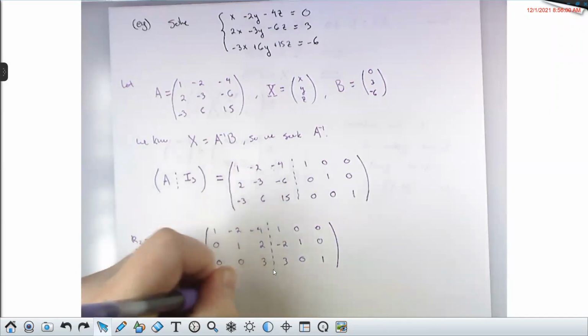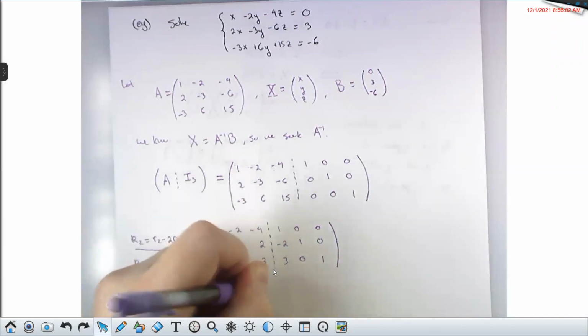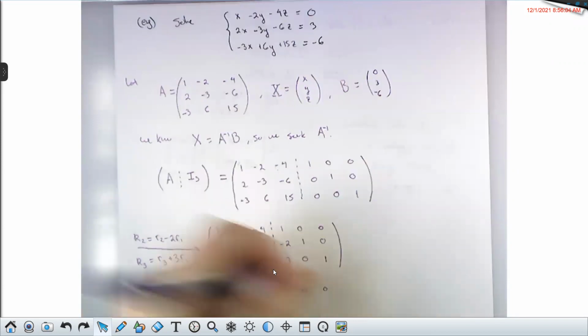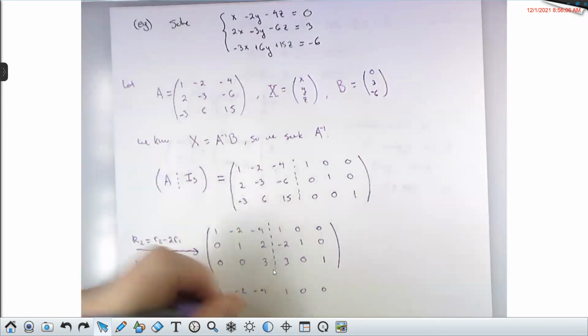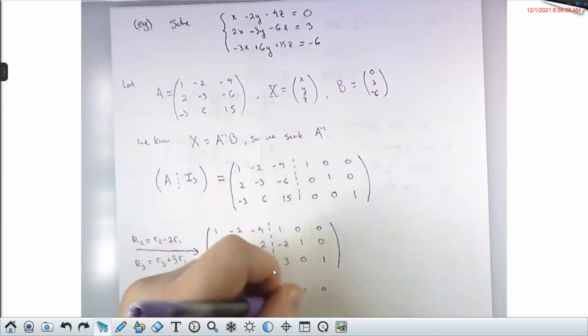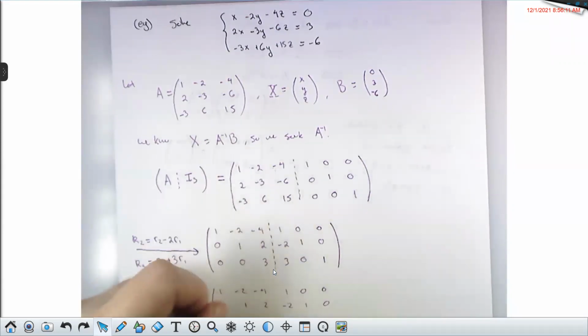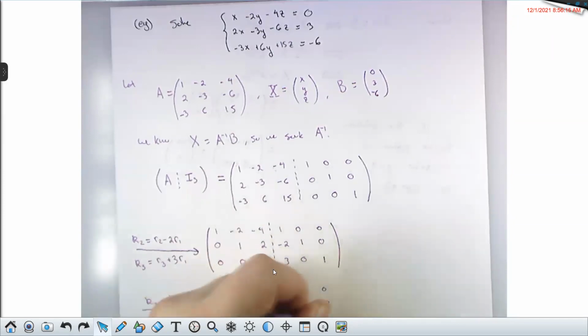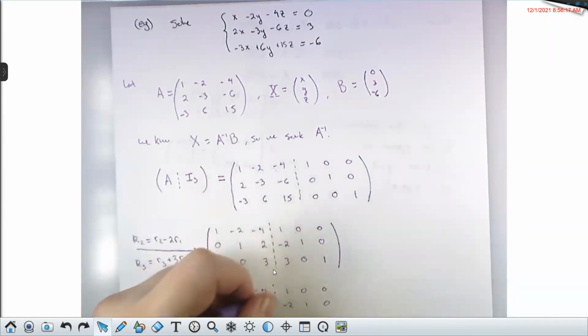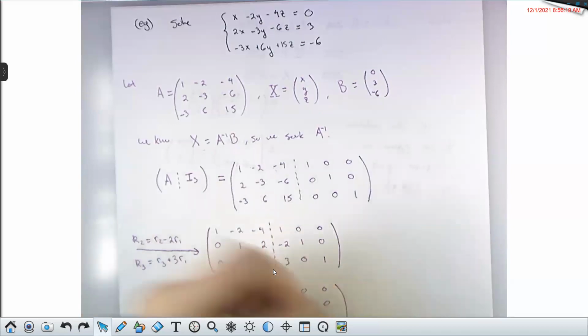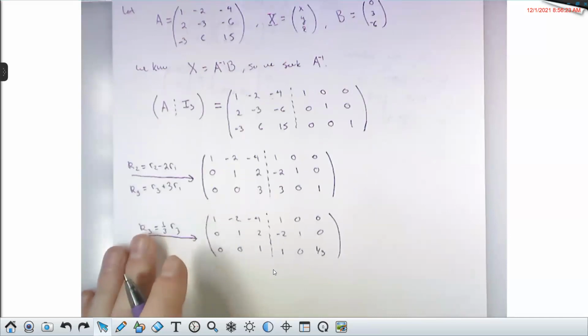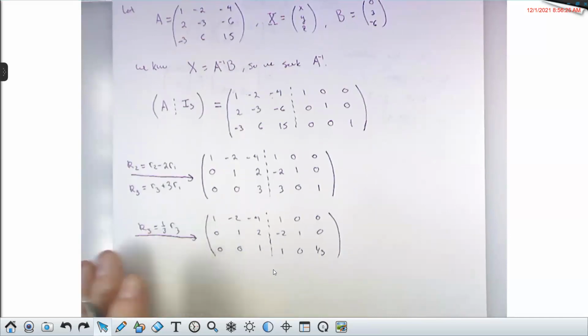Rows 1 and 2 don't change. Just dividing everything in row 3 by 3, multiplying everything in row 3 by 1/3, leaving everything else the same.